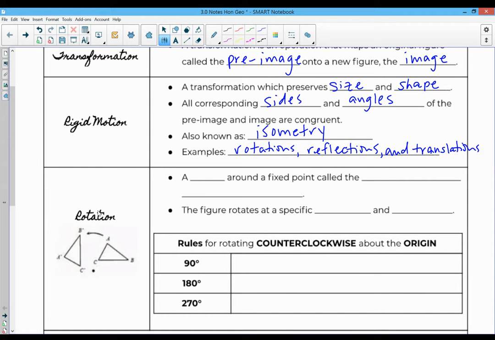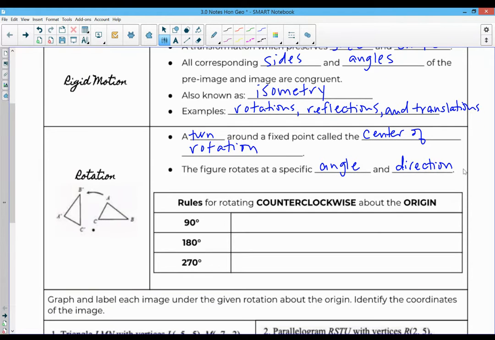A rotation is a turn around a fixed point called the center of rotation. The figure rotates at a specific angle and direction. Most commonly, we'll be rotating from the origin, but you can rotate over any coordinate.